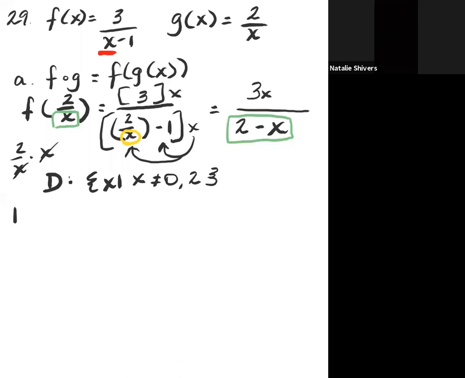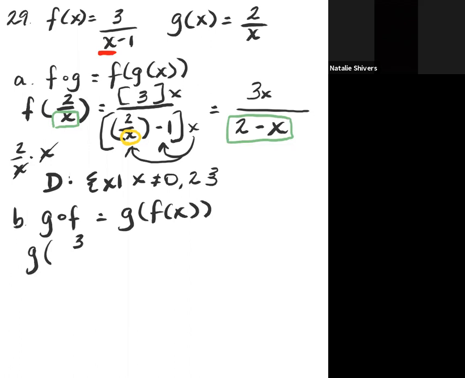So we'll do g of f now. So again, I'm very diligent about writing out all the steps. So g of 3 over x minus 1. Okay, so this time it goes in right here.